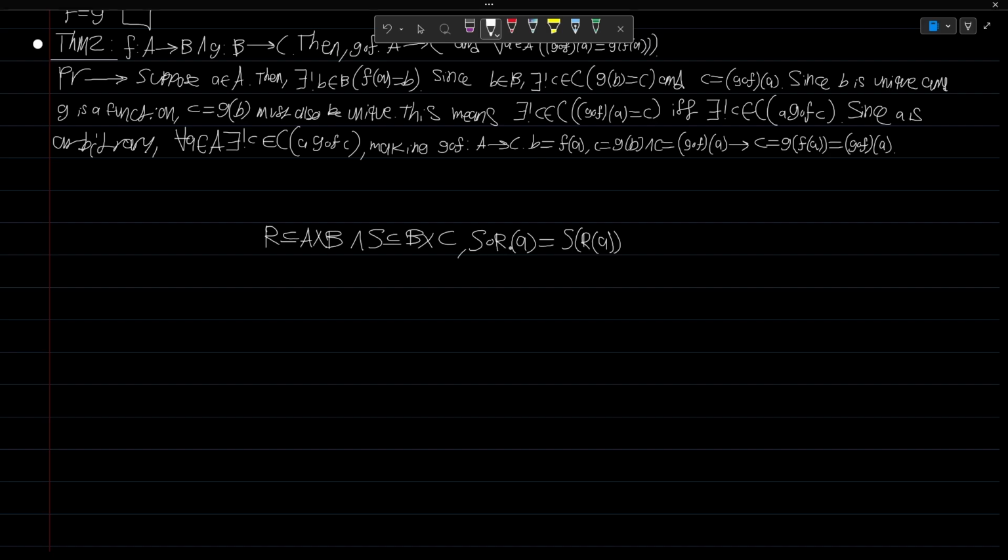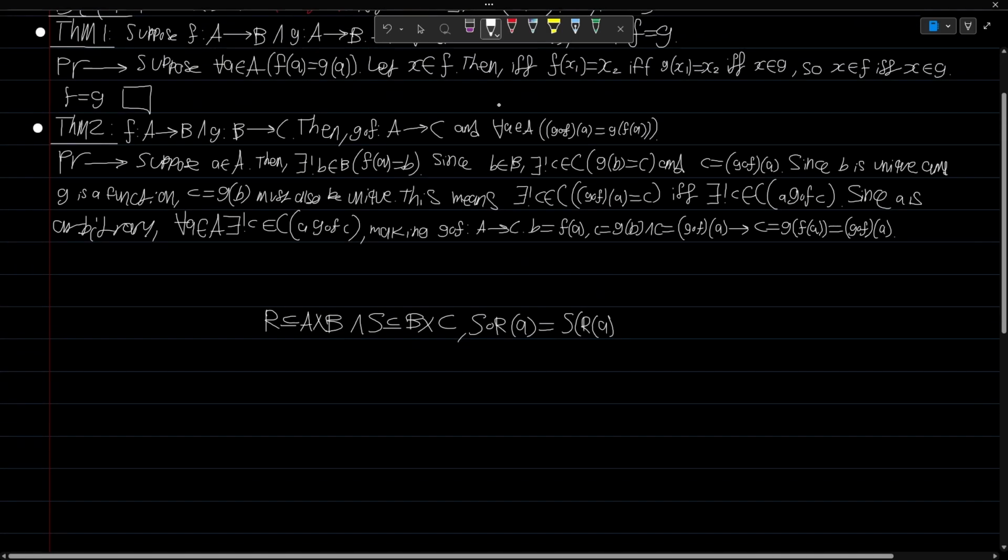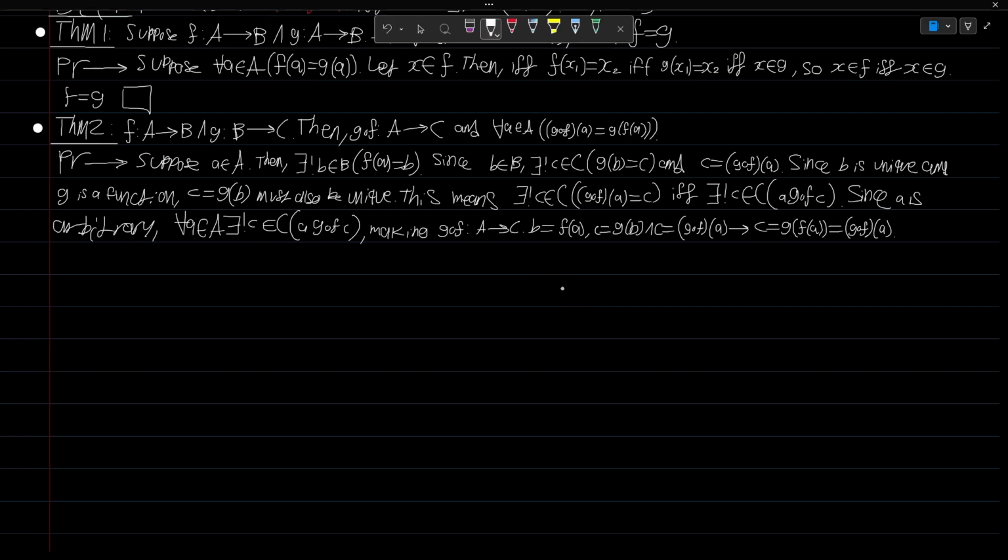R before s, s after r. And since, again, functions are just a special kind of relation, we can apply the property of associative composition with functions too, which just means that when you're doing composition with three or more functions, you don't have to worry about which composition you do first, because it doesn't matter, since it's associative.